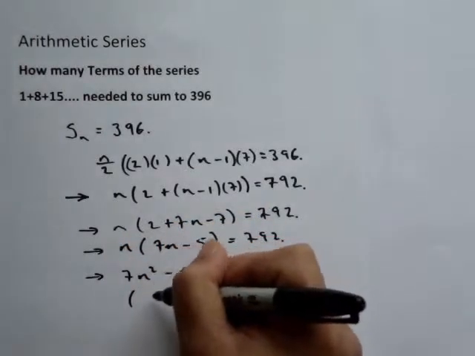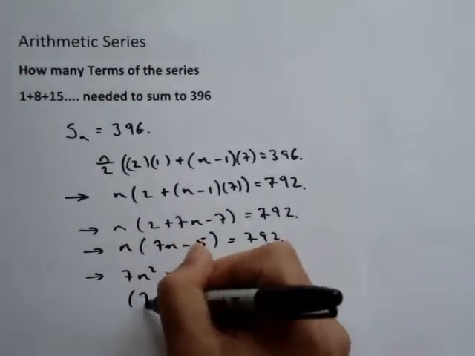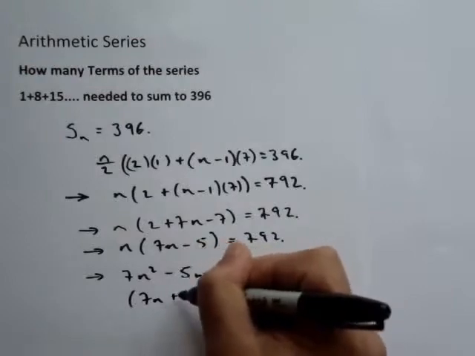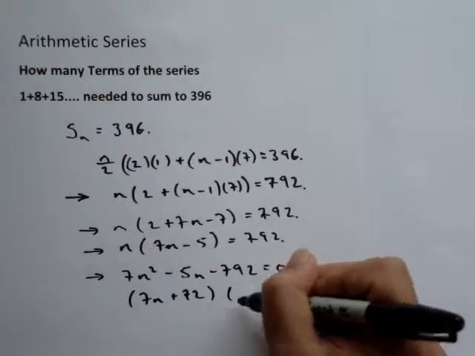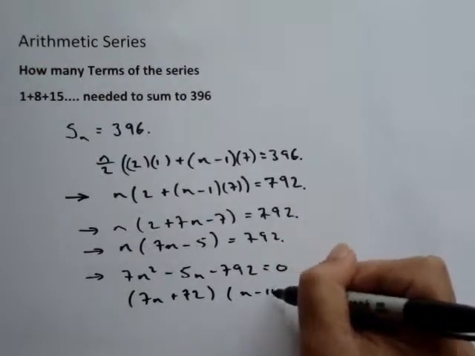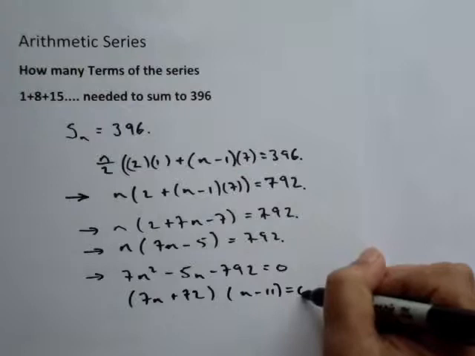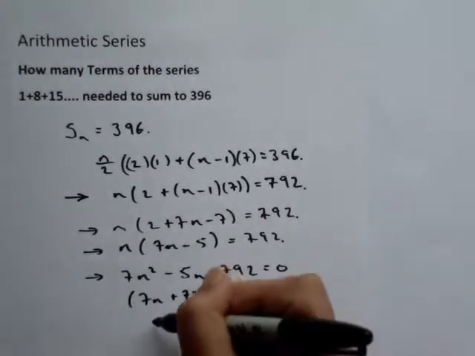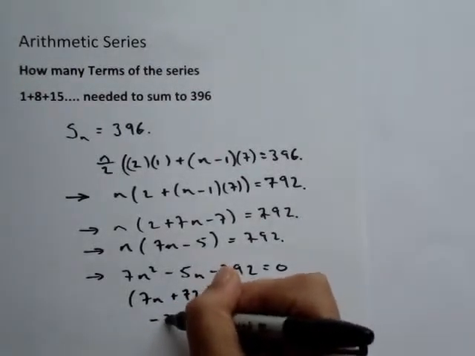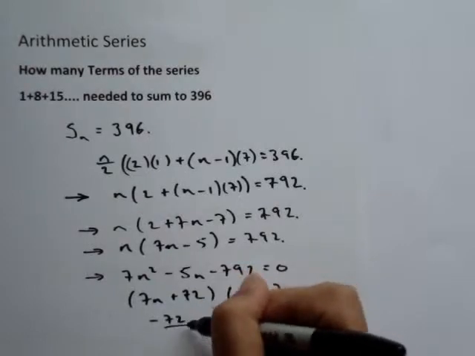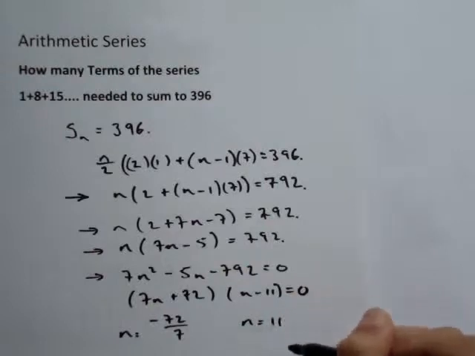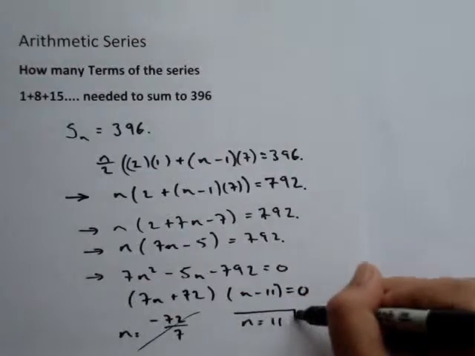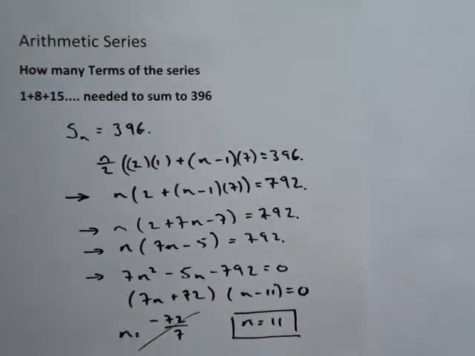Factorizing, we get 7n plus 72 and n minus 11 equals 0. So here we have n is minus 72 over 7, or n equals 11. So the negative is not an option, and the answer is 11.